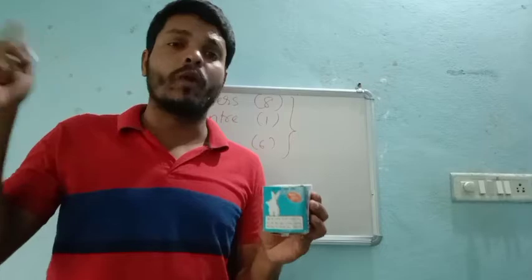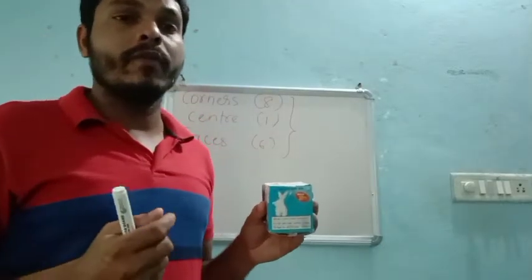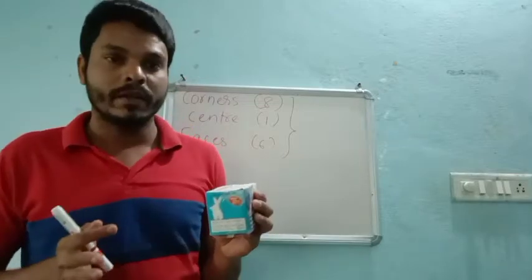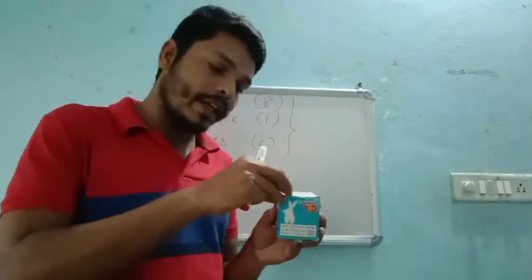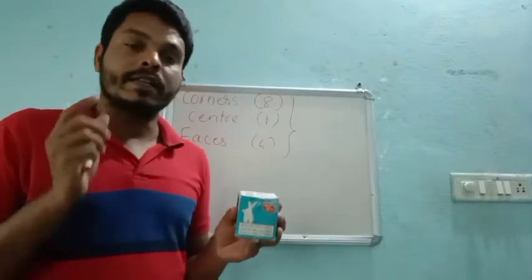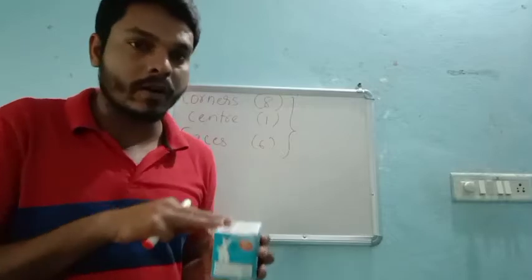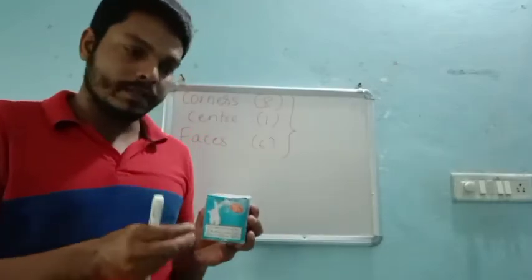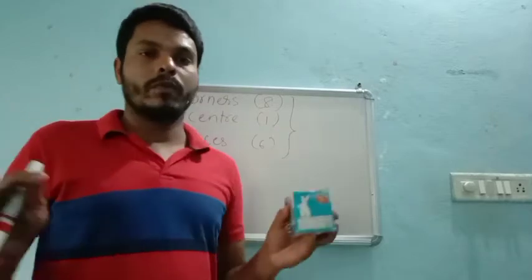If I remove one corner of this room, then definitely we cannot see this as a room, right? Why? Because it will not stand. Likewise, if I remove one corner, then definitely the whole body will be disturbed. So if I remove this, then definitely the whole body will collapse.